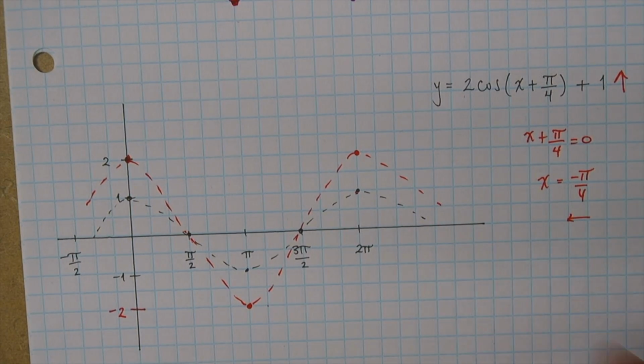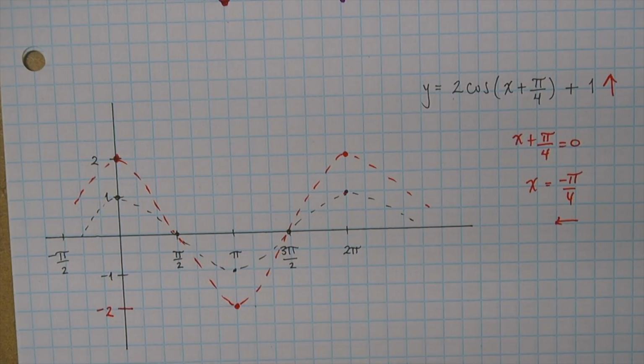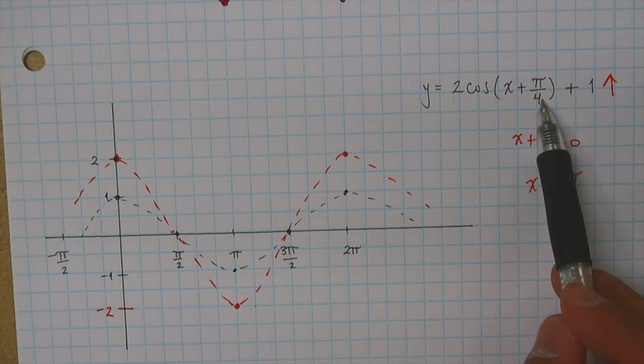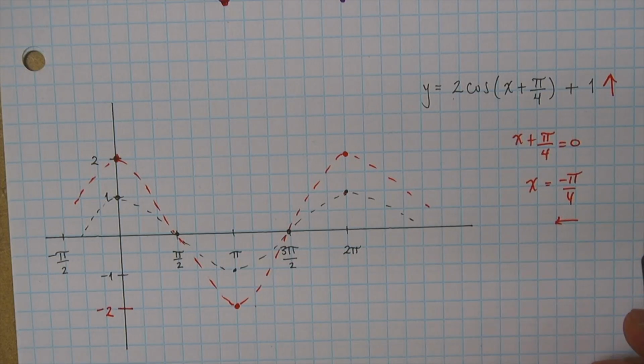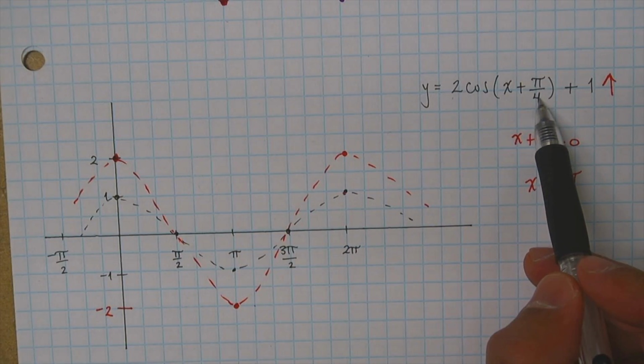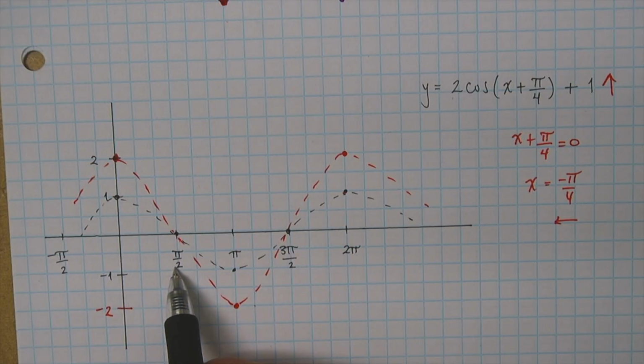Now, we have a problem though. See, this is pi over 4, and we have pi over 2's here. So what I'm going to do is make these the same denominator, so I can have a reference to the pi over 4. So instead of pi over 2 here, well, pi over 2 is what?